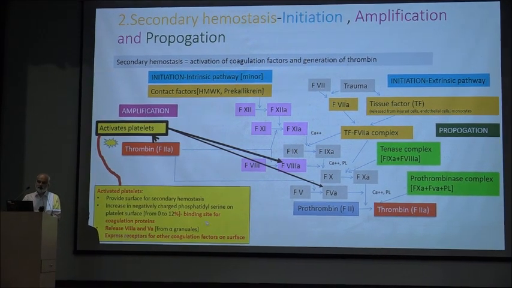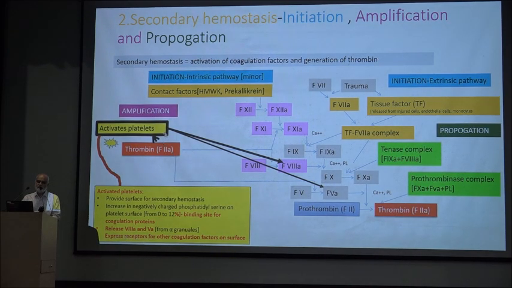And then as we have seen, thrombin acts on platelets which get activated, and activated platelets in turn provide surface for secondary hemostasis. They increase the negatively charged phosphatidyl serine on the platelet surface, so binding site for the coagulation proteins. They release various factors from the alpha granules, and they express receptors for other coagulation factors on the surface. So primary hemostasis is feeding into the secondary, secondary is feeding into the primary. So there is a balance going on.